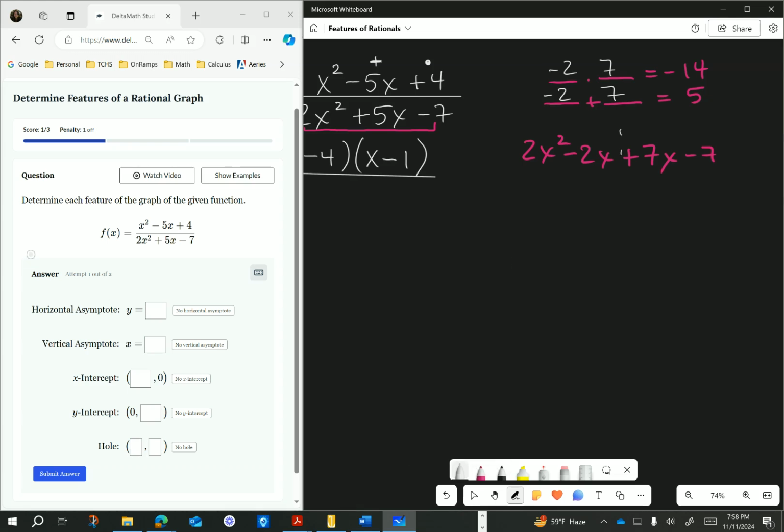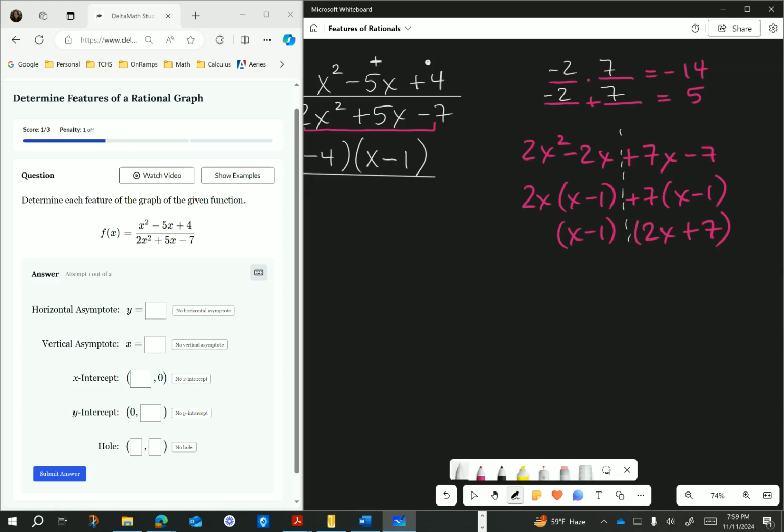So I'm going to do my factoring by grouping. So 2x is going to be multiplied by x minus 1 and a positive 7 by an x minus 1. The x minus 1s are the same, and 2x plus 7 is the other factor.